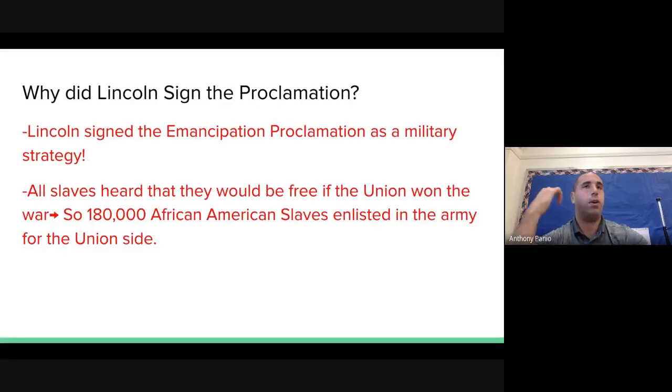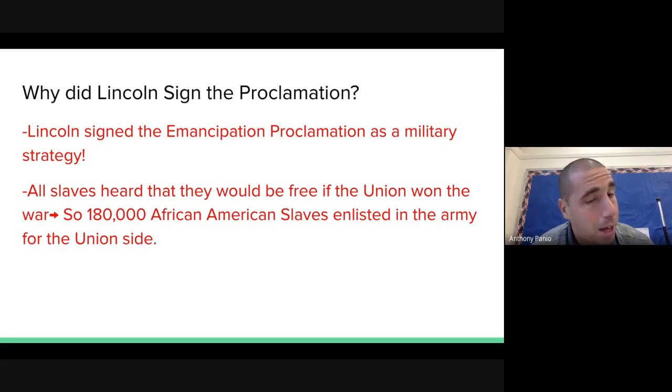So Lincoln, when he does the Emancipation Proclamation, he's not speaking to the Confederate leaders. He's not speaking to the Confederacy. He's talking to the African American slaves. He's talking to the free African Americans in the North that want to get rid of slavery. The key part is at the end of the Emancipation Proclamation: he knows the slaves will not be freed by the South.